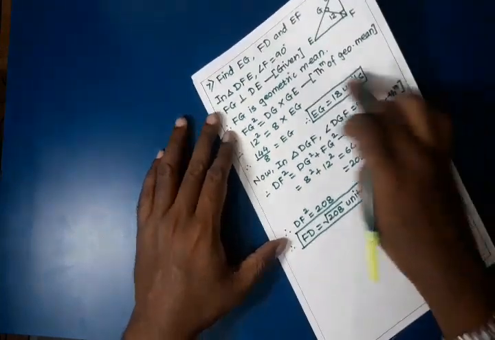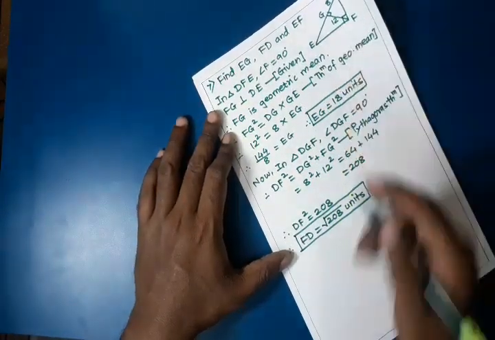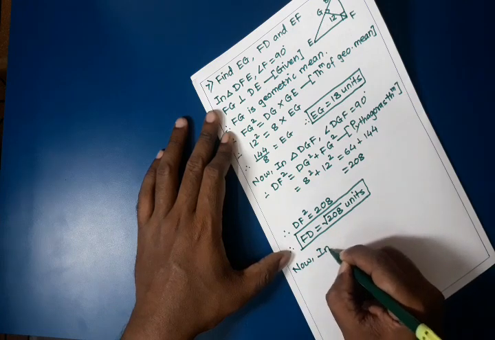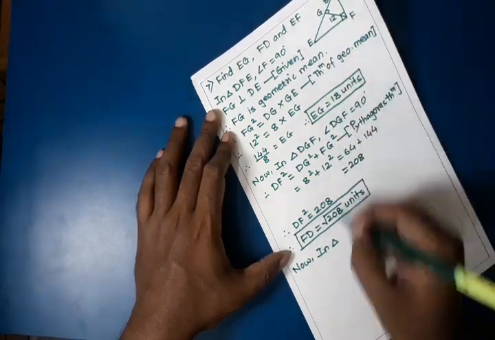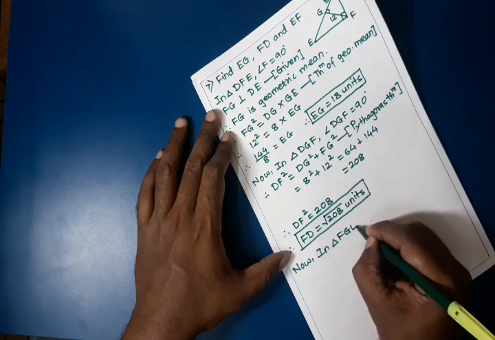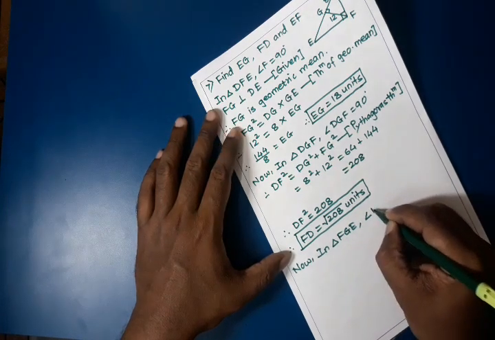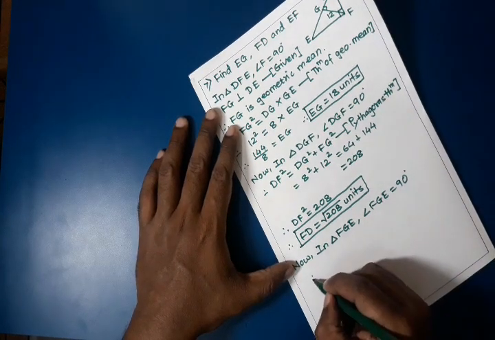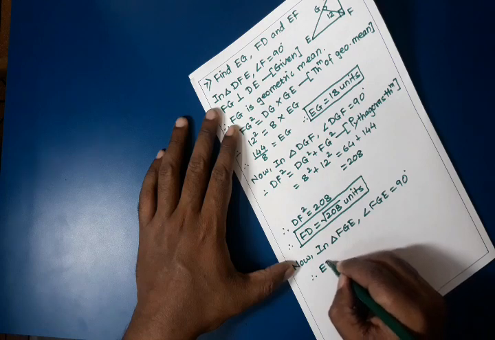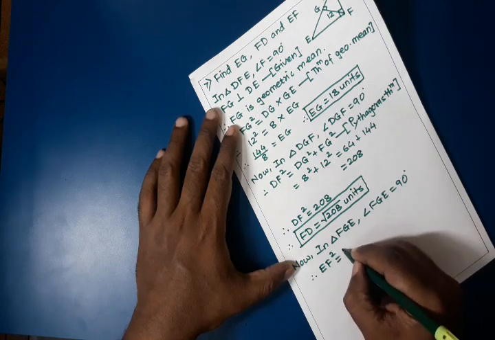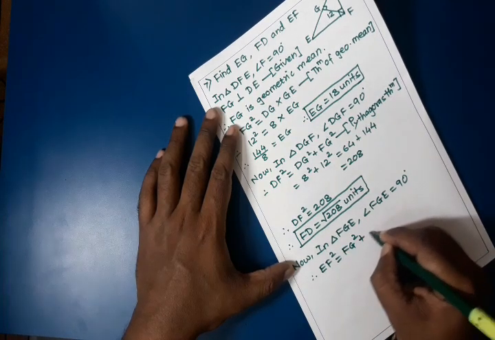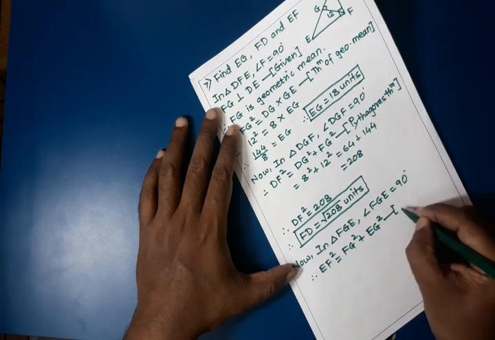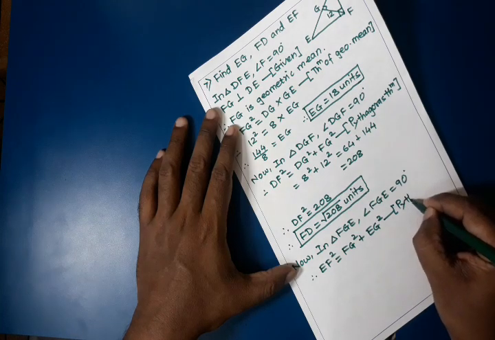Now we have to find the value of EF. So again select the other triangle, triangle FGE. In triangle FGE you can write angle FGE is equal to 90 degrees, and therefore EF square is equal to FG square plus EG square. Again Pythagoras theorem.